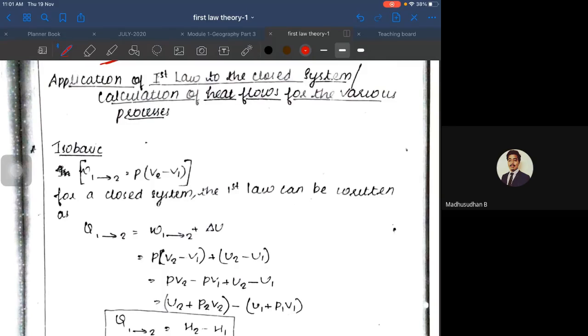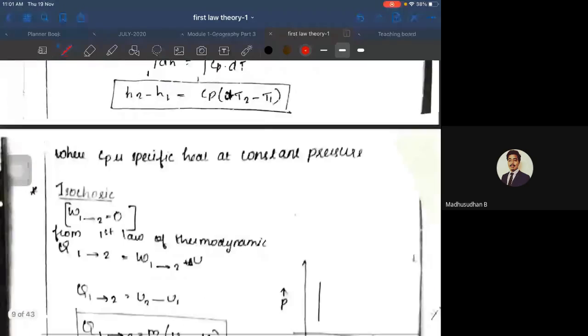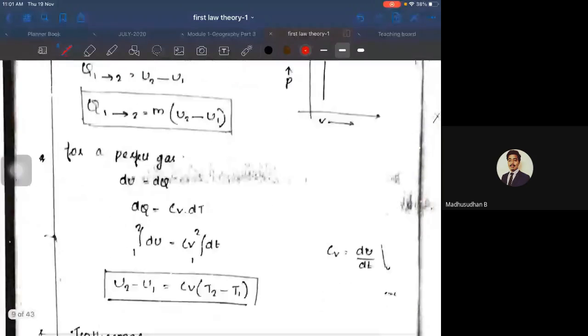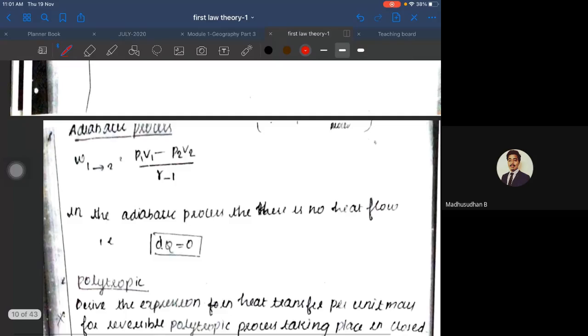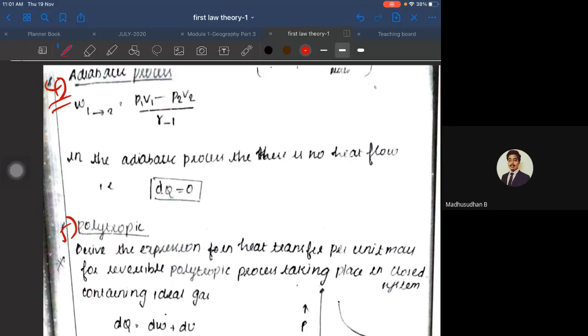Number one is isobaric, second is isochoric, third is isothermal, fourth is adiabatic, and fifth is polytropic. So how do you apply the first law of thermodynamics for all these five processes?